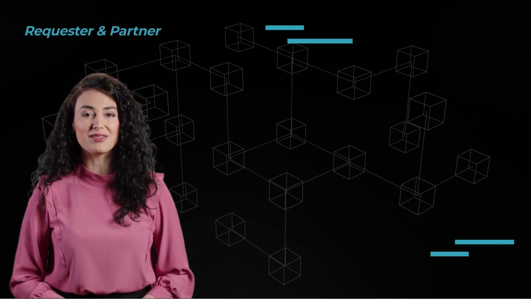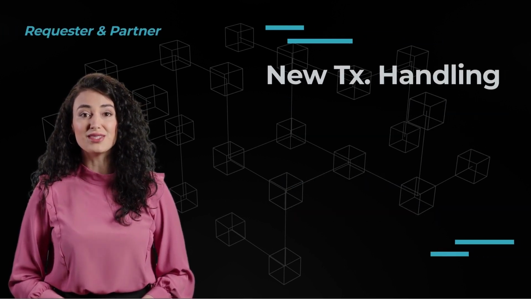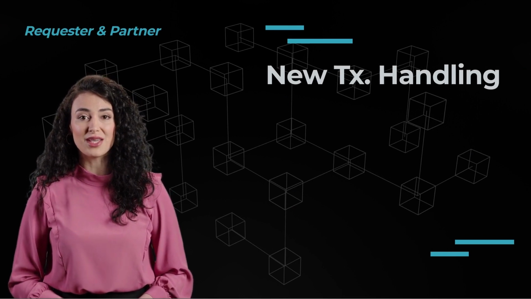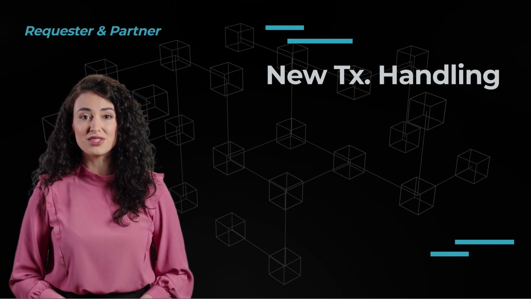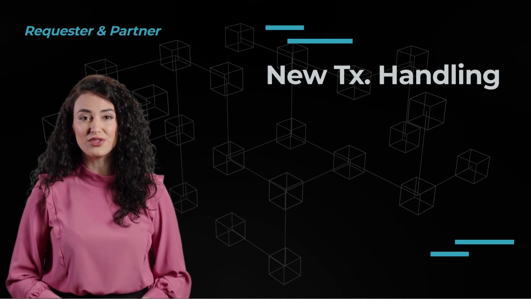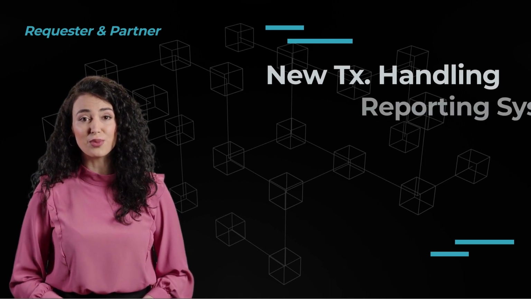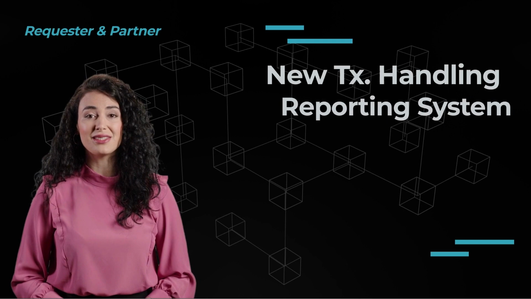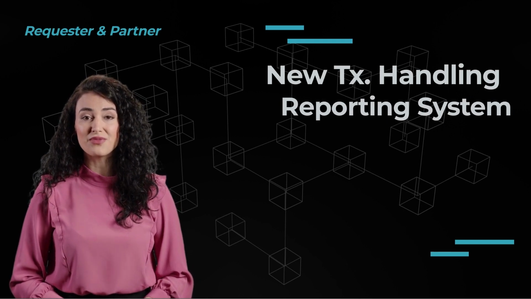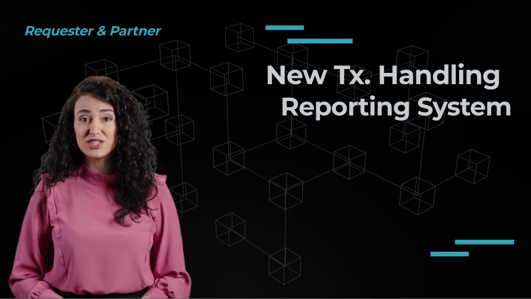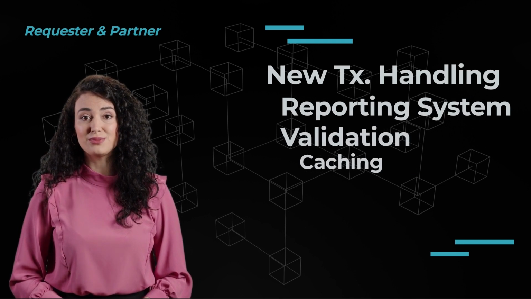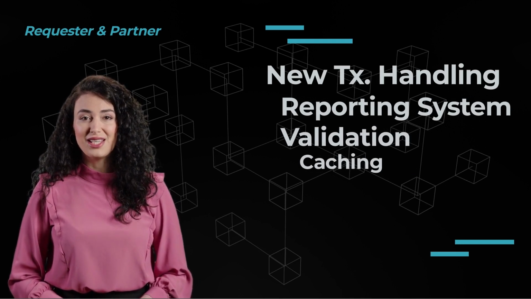The way entities that receive the requester transaction process it will vary greatly from one implementation to another. For example, if an entity believes the transaction is malicious, it could report it using a system similar to the entity reporting system mentioned in a previous video. A transaction caching mechanism could be used to speed up the process of validating transactions.